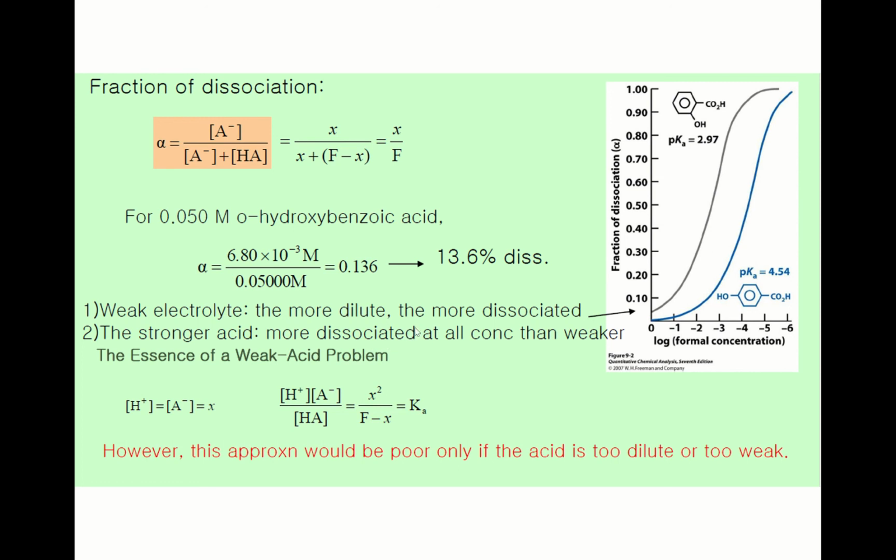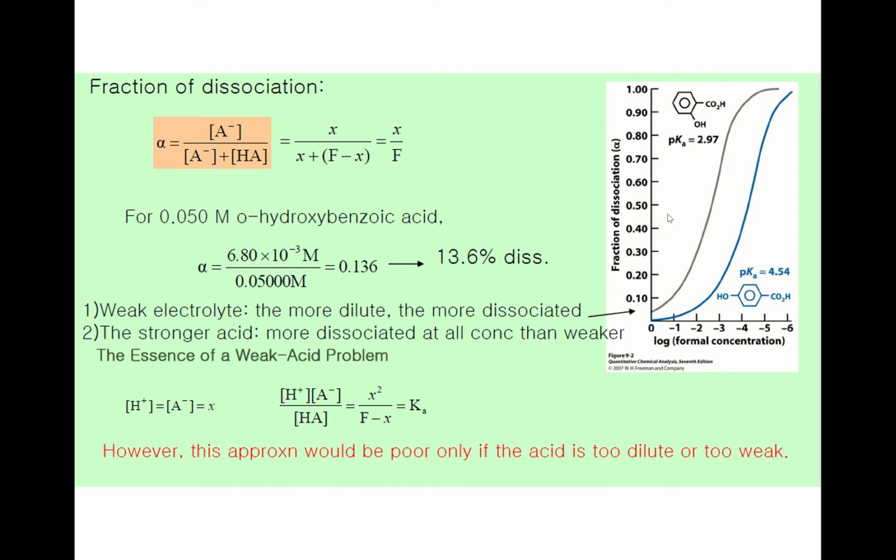However, here is a caveat. This approximation would be poor only if the acid is too diluted or too weak. In that case, you have to consider water dissociation, and you have to take those four equations into consideration.